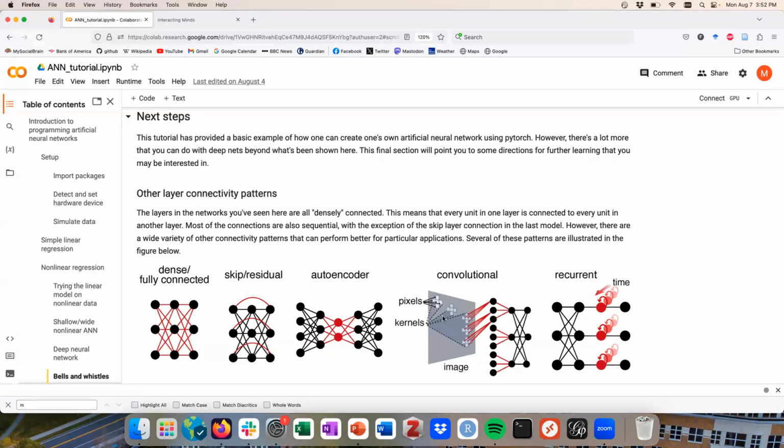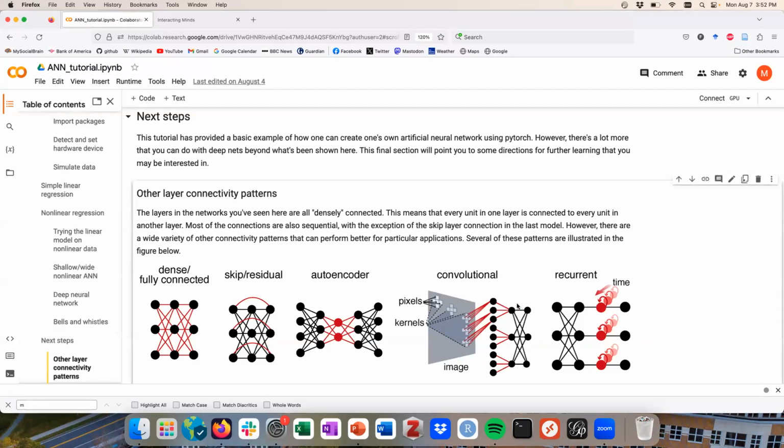Convolutional neural networks are the go-to for images or video because they use structured representations, these kernels, where the network isn't connected with all units to all units. Instead, units at one layer only connect to spatially proximal units in the previous layer. So all of these units are connected to just one, and then all of these units, which are next to each other in the image space, are connected to just one, and so forth.